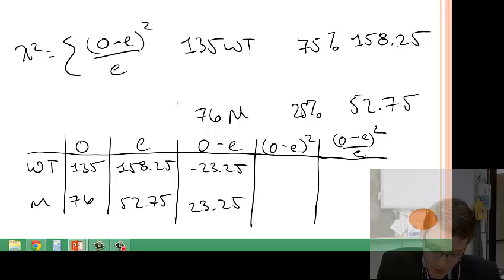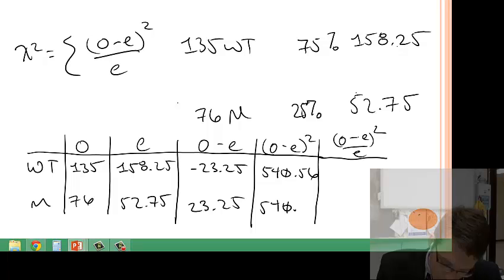Next, I'm going to get the absolute values of these two numbers by squaring them. Which is 540.56 for both of them. And then I'm going to divide these values by the expected.